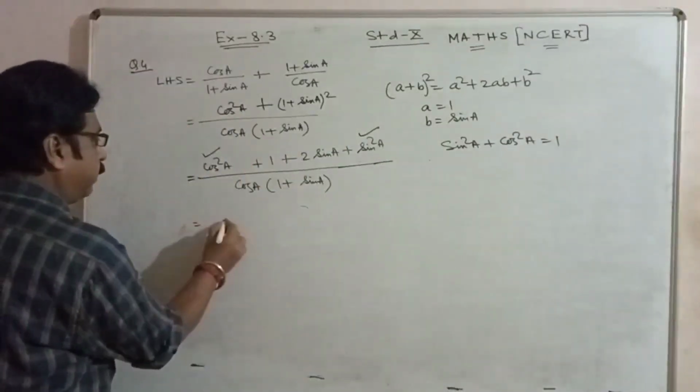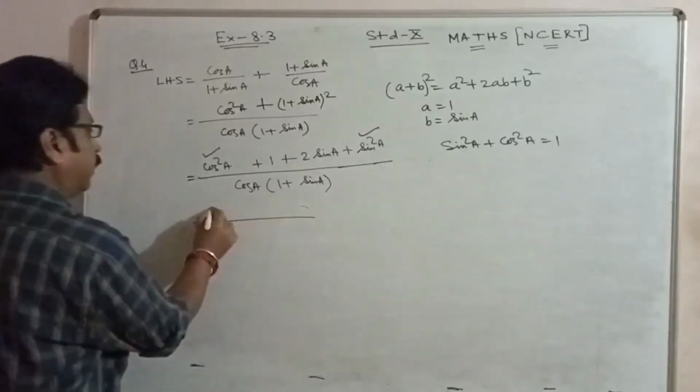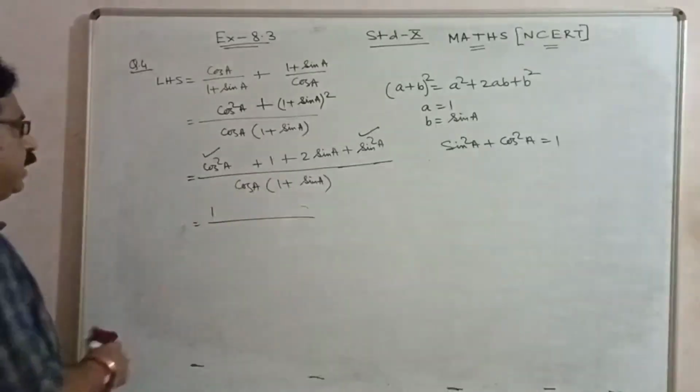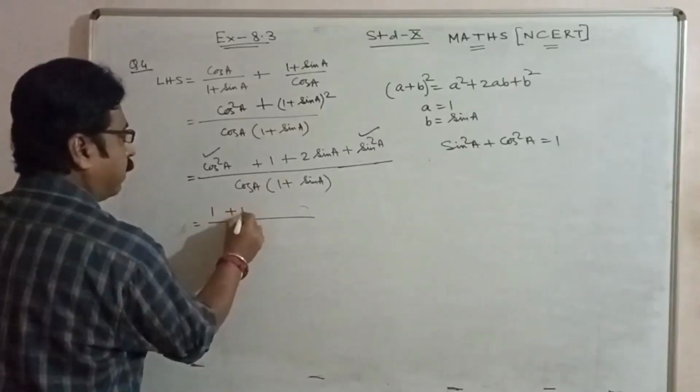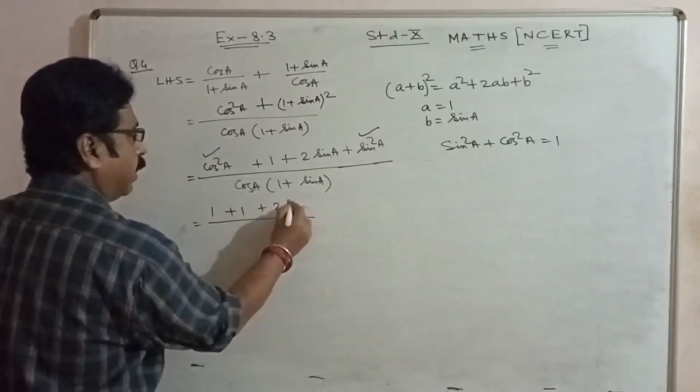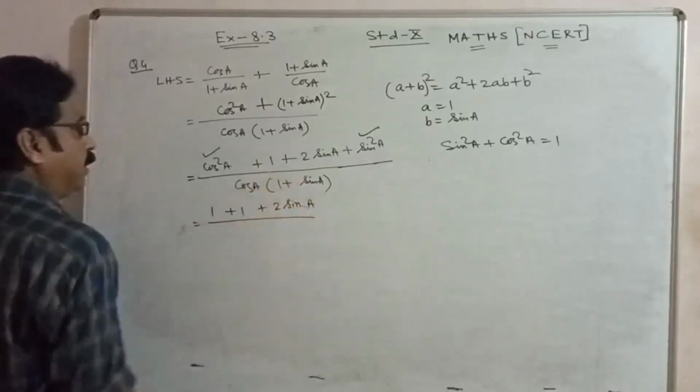So we can write 1. Now this one we are writing here, this 2 sin A we can write here.